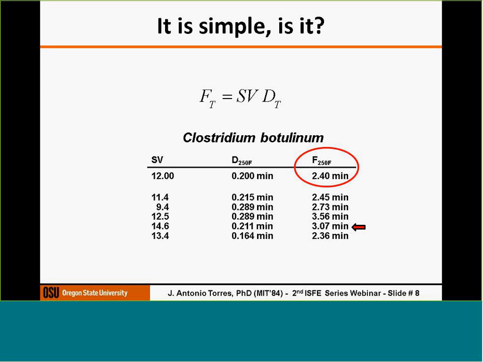Because who knows what we will obtain in a repetition of the experiment or of the production with another batch. So alternatively, I could use the worst SD value, the worst D value. We'll have a process time of 4.22.